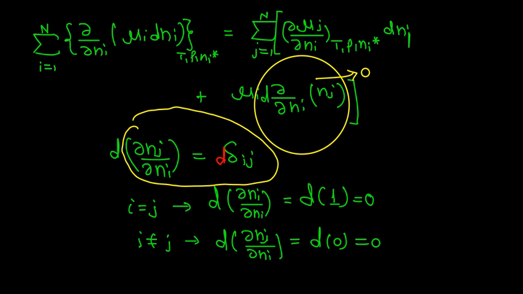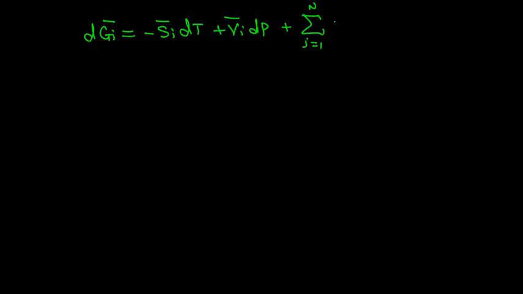This term will become 0, and therefore what I get finally is simply dgi bar equals minus si bar dt plus vi bar dp plus summation, j going from 1 to capital N, of the derivative of the chemical potential times dnj.